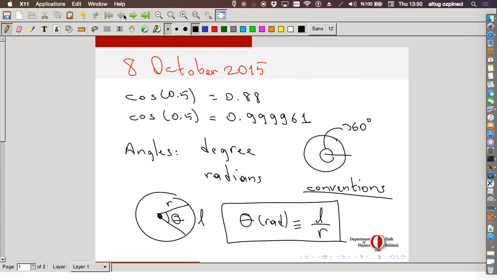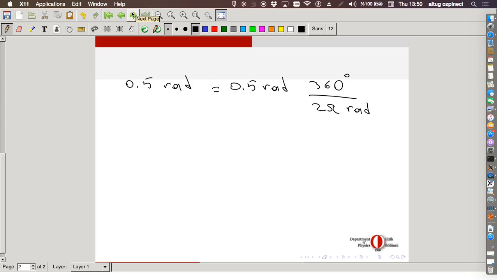You see, this whole circle is 360 degrees. But if you take the whole circle, the length of the arc is 2 pi times r. If you divide by r, the full circle is 2 pi radians. So these two things are in fact the same, correspond to the same angle. So you are in a sense multiplying by 1.